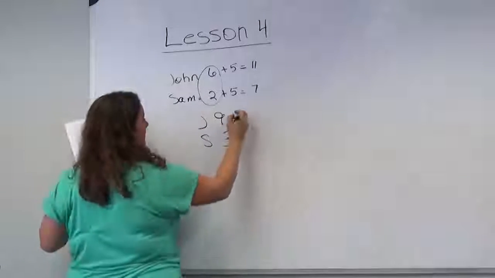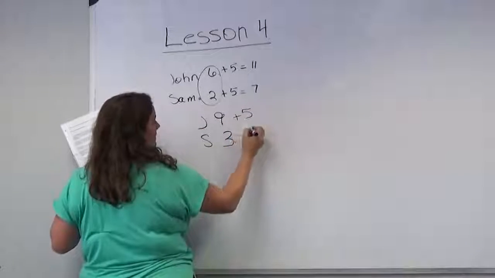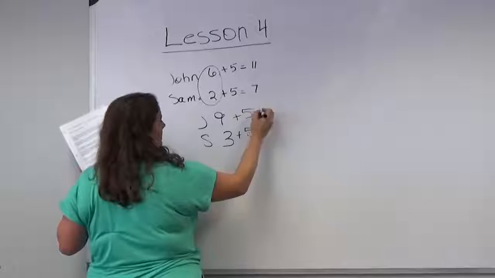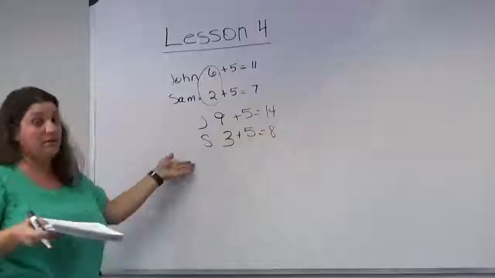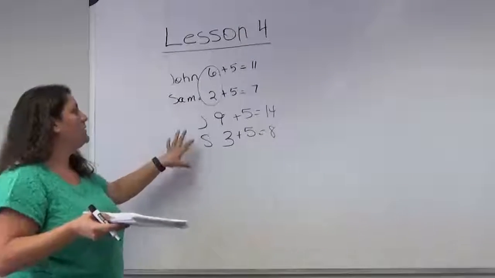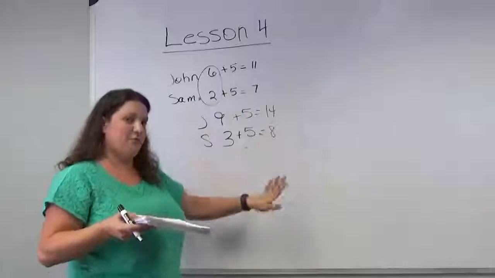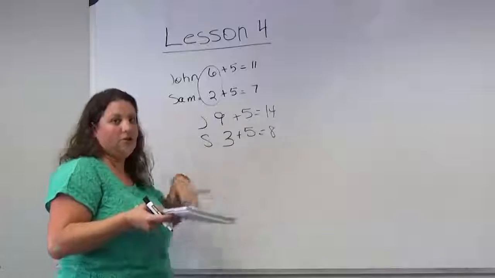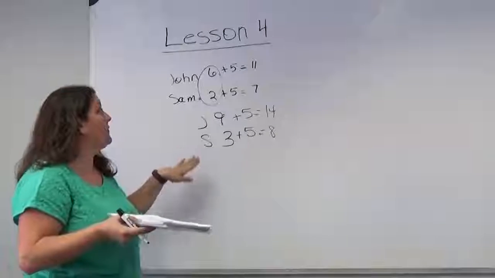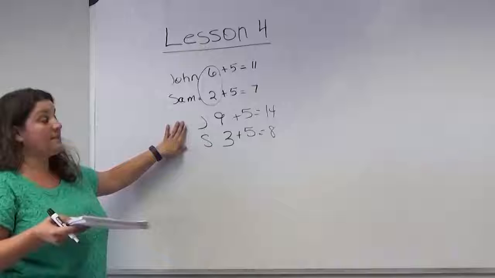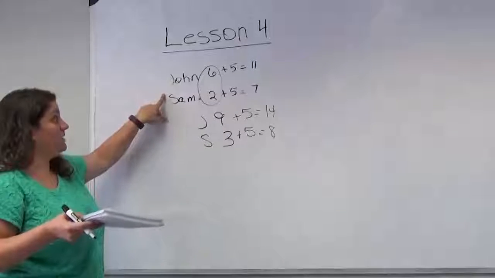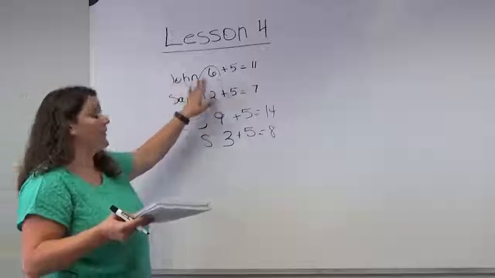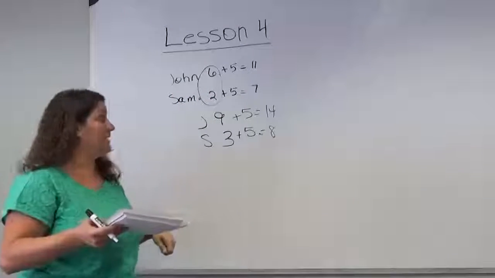In 5 years, John will be 14 and Sam will be 8. Again, that's not true. So this is what I mean by brute force. You just keep doing trial and error until you find the conditions that satisfy both currently that John is 3 times Sam's age, but in 5 years, John will be twice Sam's age.